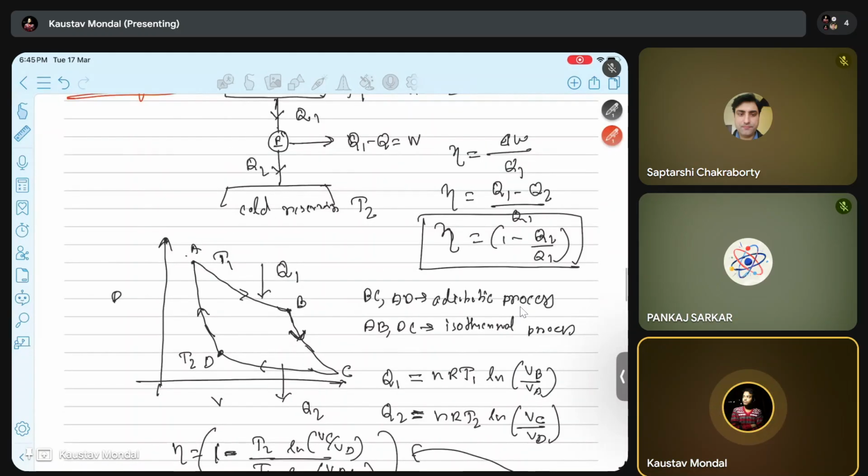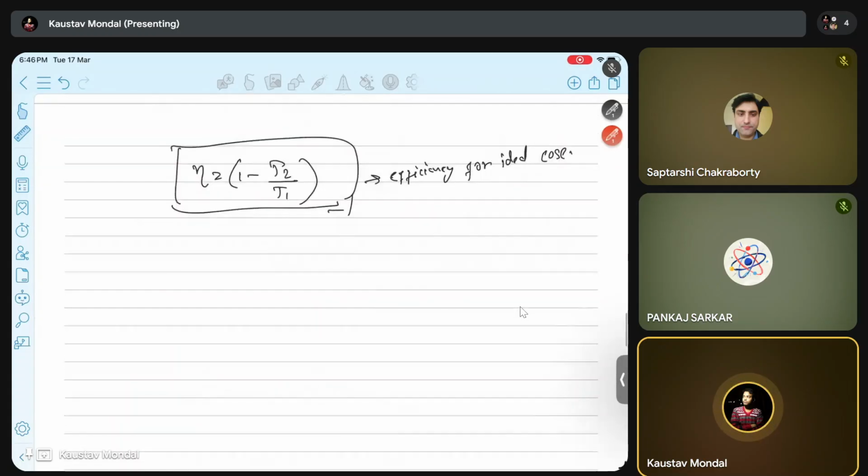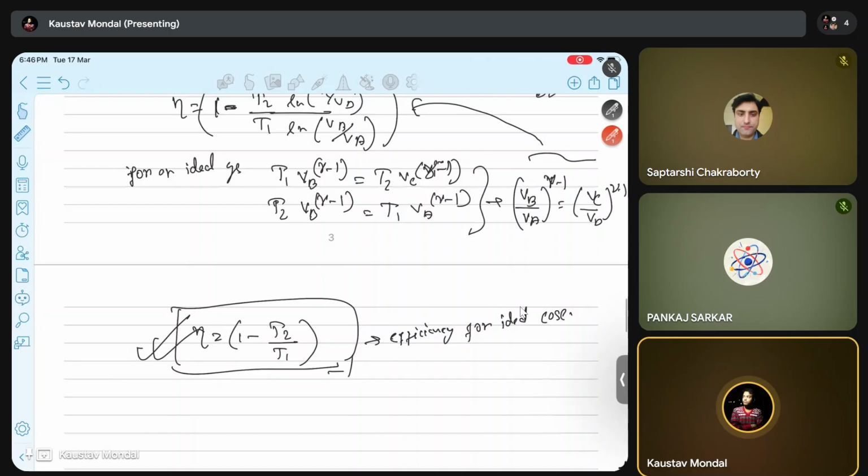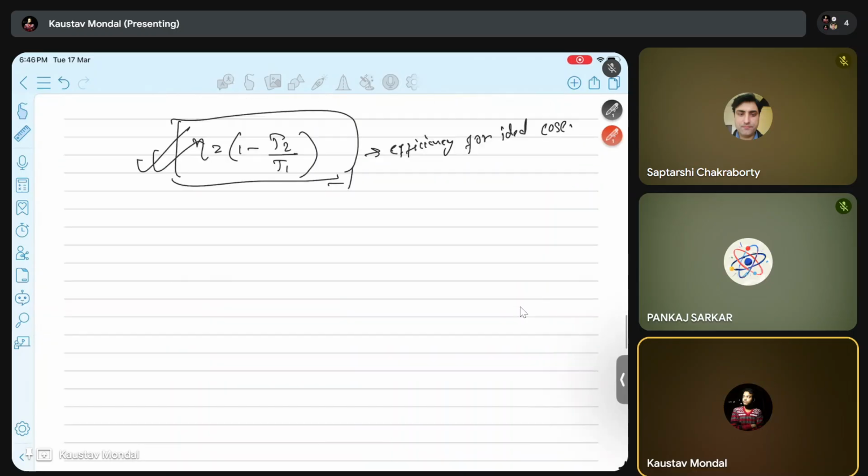So this is a general expression for a heat engine, and this is for the ideal case, the maximum efficiency of a heat engine. So that means in the ideal case it doesn't depend upon the working substance or the internal behavior of the engine. It depends entirely only upon the temperature. Okay.